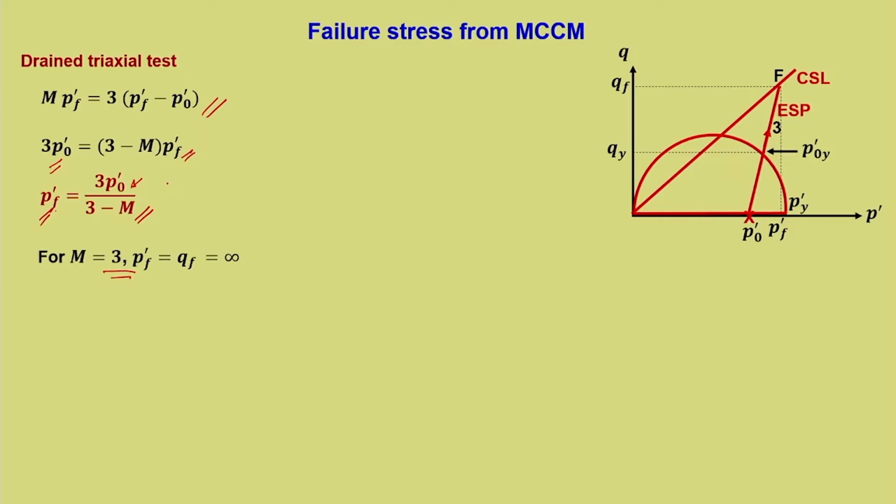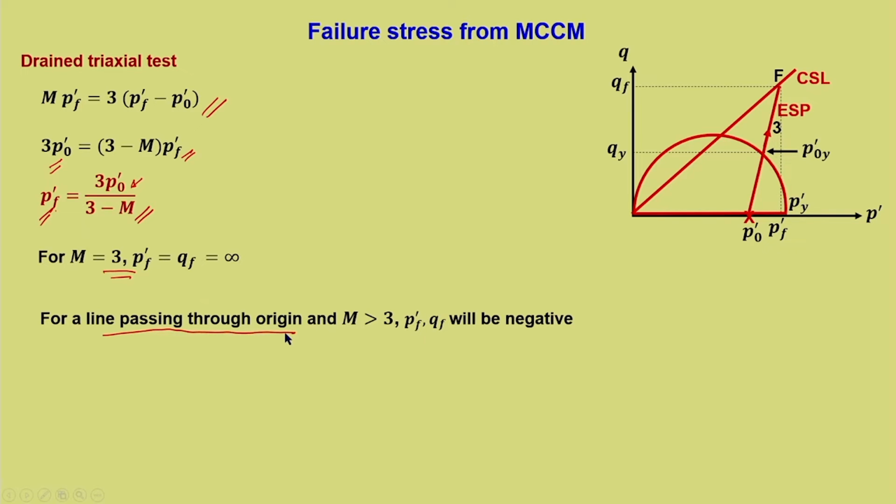Now what will happen if M is greater than 3? If M is greater than 3, you will have P dash F negative. So for a line passing through the origin with M greater than 3, both P dash F and QF will be negative, and the soil cannot sustain tension.